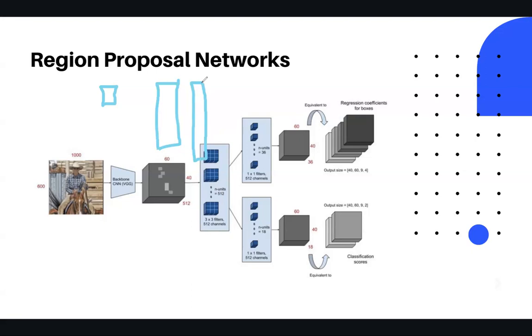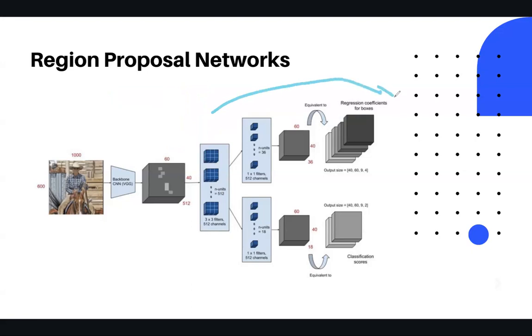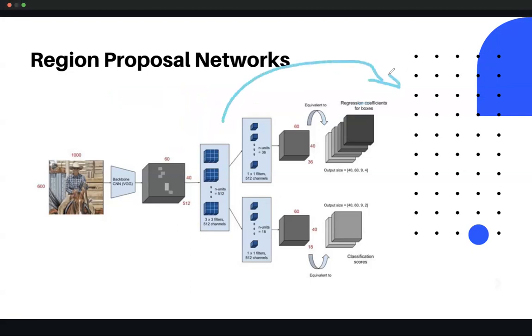How can we solve this issue? Very simple. We have another set of, let's call them regressors. So this is a regression happening in here. And this regression's job is to optimize the shape of the actual predicted object. So if the anchor shape was like this, but the object, let's say, was like this, in this setup we are predicting, as you can see, 9 times 4.